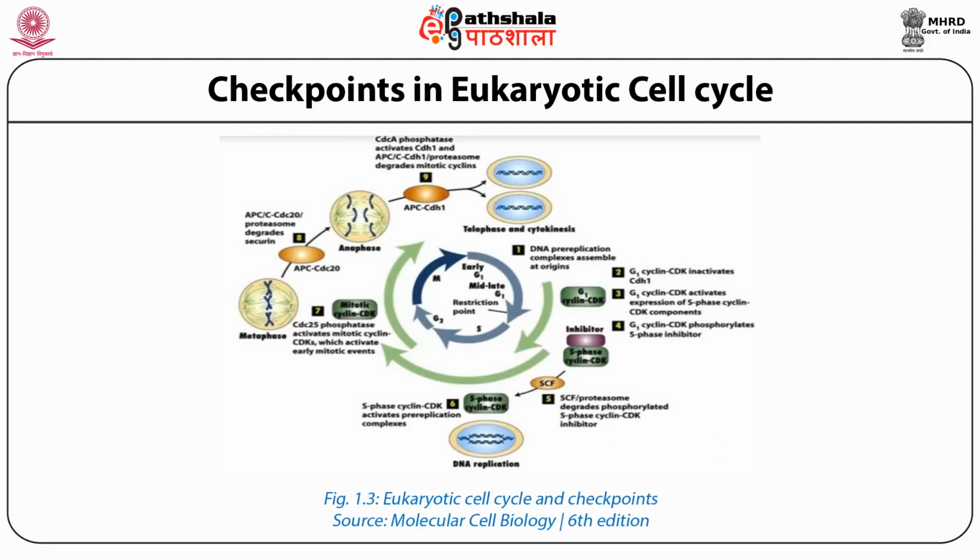We have already seen that the cell cycle in eukaryotes is quite a complex sequence of events. As such, the cell must have several inbuilt checkpoints to ensure that the cell cycle occurs in a proper, error-free, foolproof manner. The various checkpoints in the eukaryotic cell cycle are shown in this diagram.